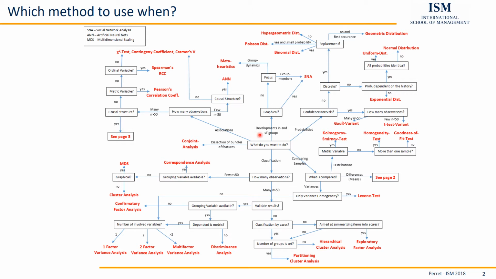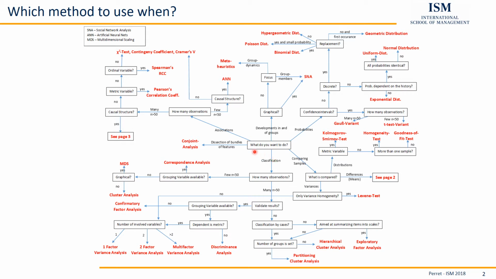We could be asked about the developments in or of groups, consider different probabilities with different distributions, compare two or more samples, or classify observations and variables. So that's basically three different approaches we could work through here.